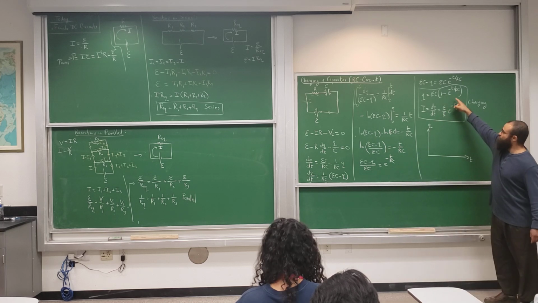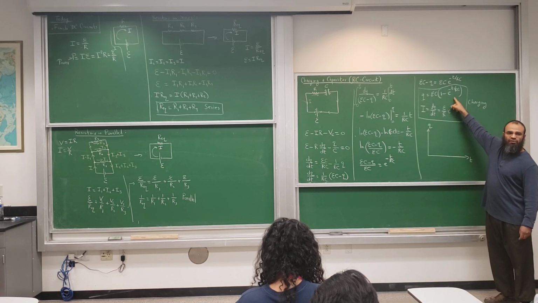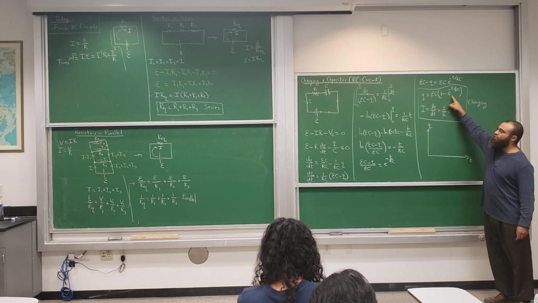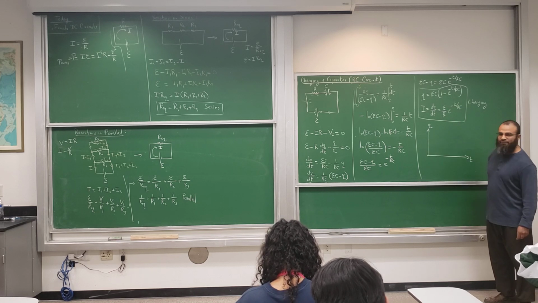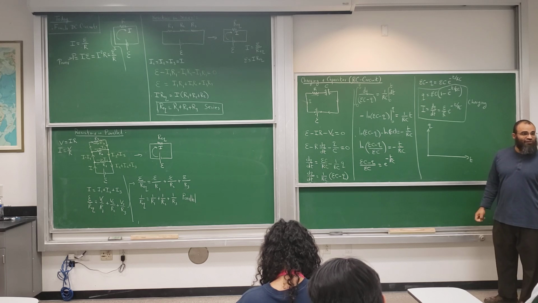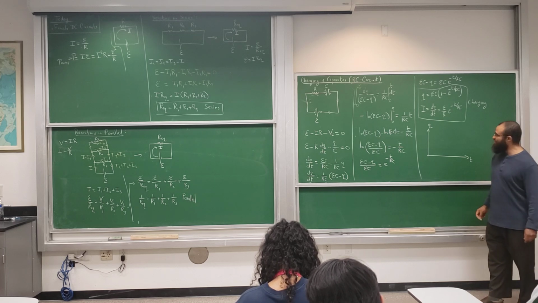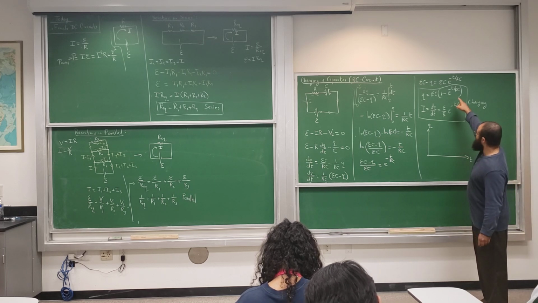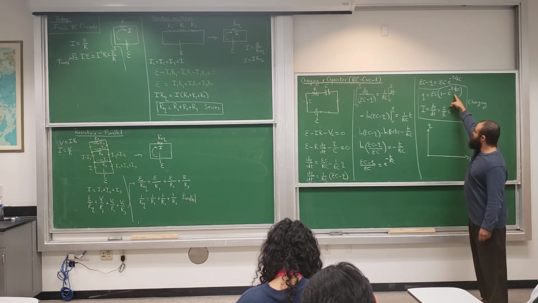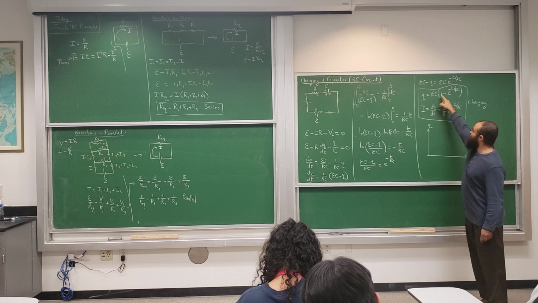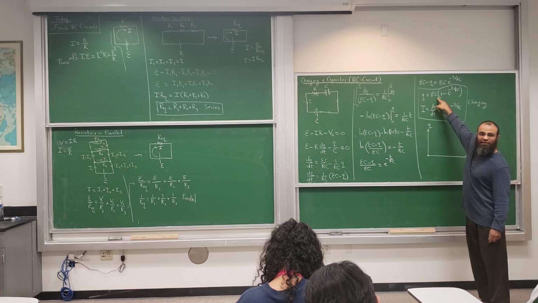Let's plug in 0 for t. What's e to the 0? 1. 1 minus 1 is 0. So the charge is 0 initially, which is expected. The equation should give us what we already know. As t goes to infinity, e to the minus infinity is 0, so you get 1 minus 0 is 1. So you just get EC.